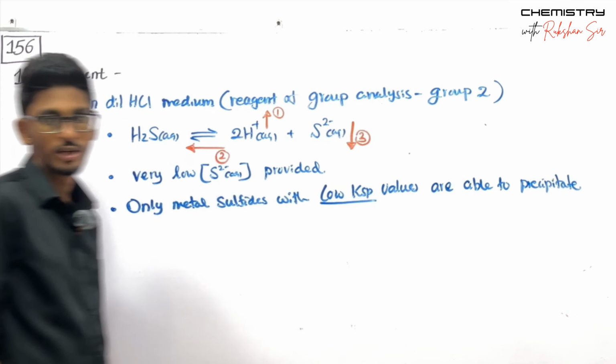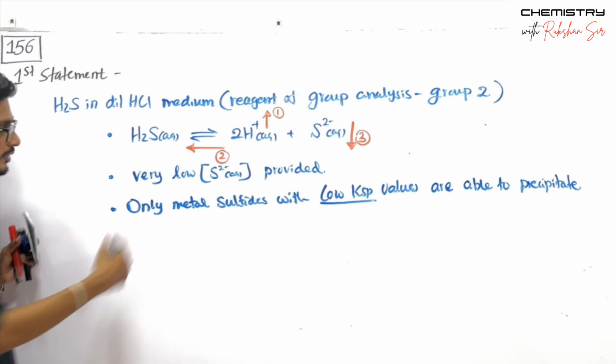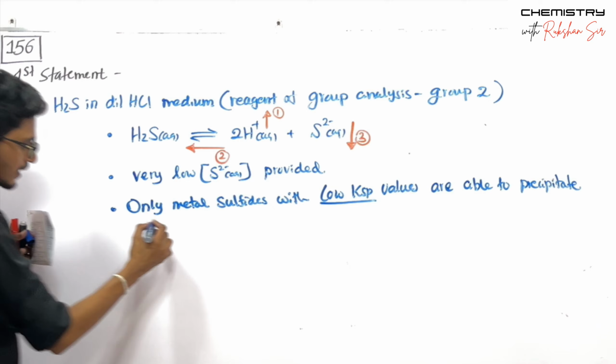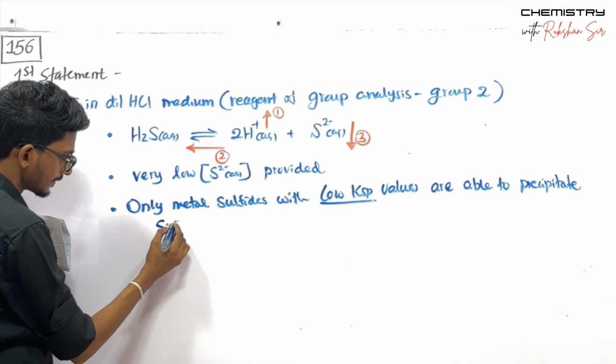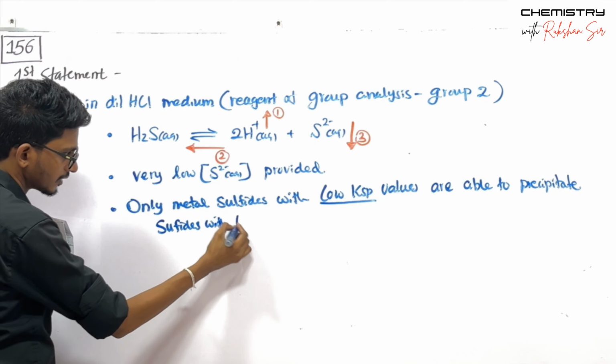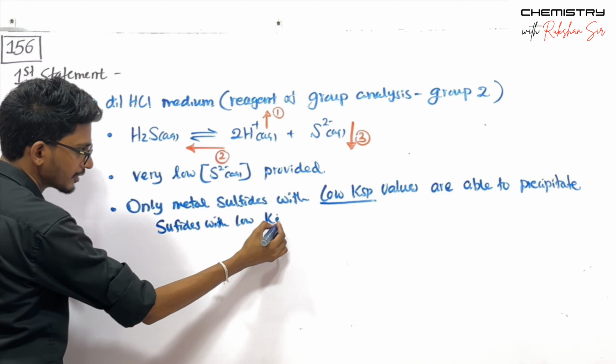What are the sulfides with low Ksp values? Those we see with group 2.